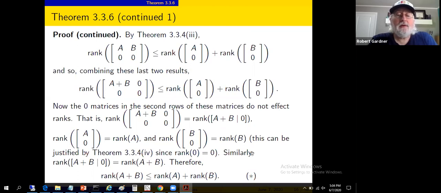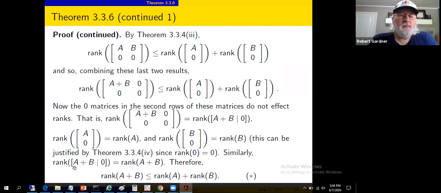Similarly, the rank of A plus B partitioned with this zero vector of whatever dimensions is the same as the rank of A plus B. Why is that? Well, now I want to talk about column spaces. This partition introduces a bunch of columns of zero. So they don't contribute anything in terms of dimensions or linear combinations or anything.